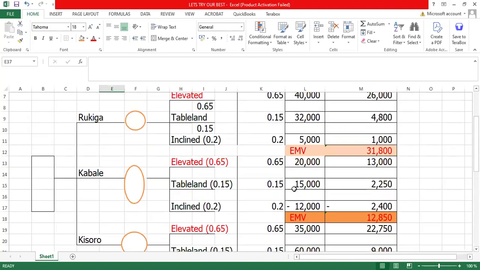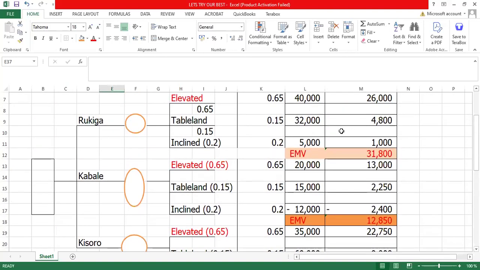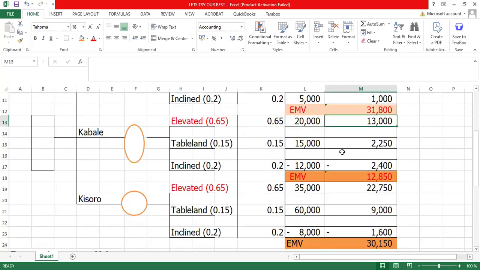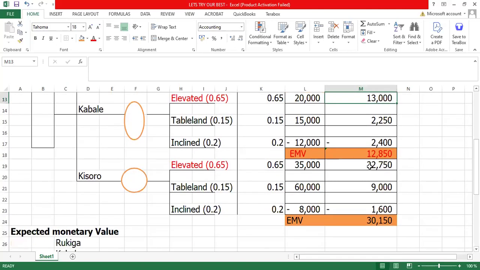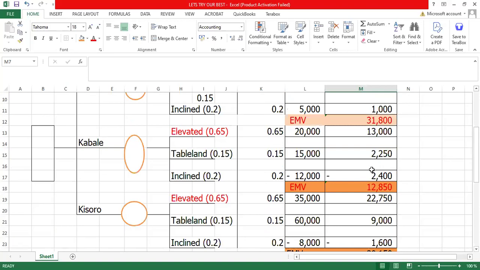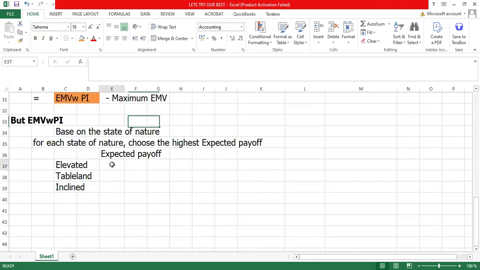What is the highest? You have 26,000, you have 13,000, 48, you have 22,750. So the highest is 26,000. Yes.